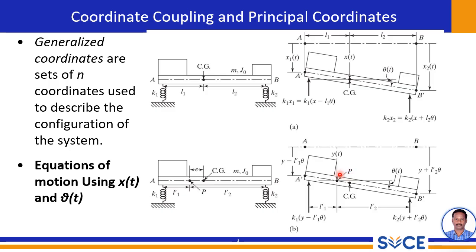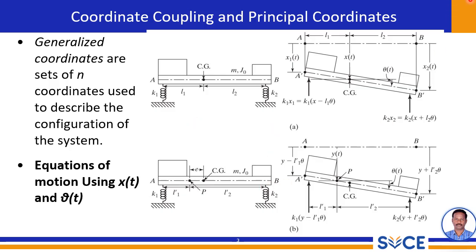The key difference between diagram A and B is the point at which we are measuring the vertical displacement. In diagram A, we are measuring it at the center of gravity, while in diagram B, we are measuring it at the point P. This choice affects the way we describe system motions and the resulting equations.